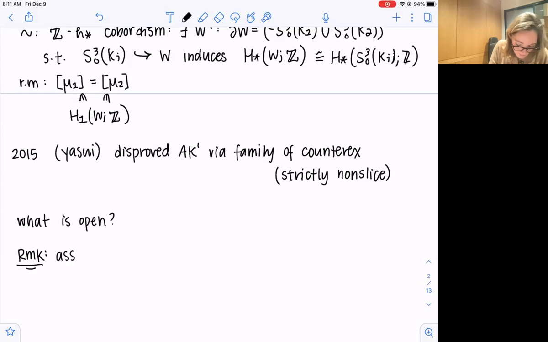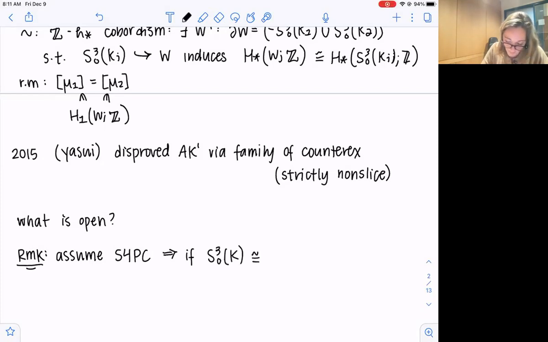If we assume, and this is a large assumption to make, that the 4-dimensional smooth Poincaré conjecture is true, then this would imply that if the zero surgeries of two knots are homeomorphic and one of the knots is slice, then the other knot would have to be slice.